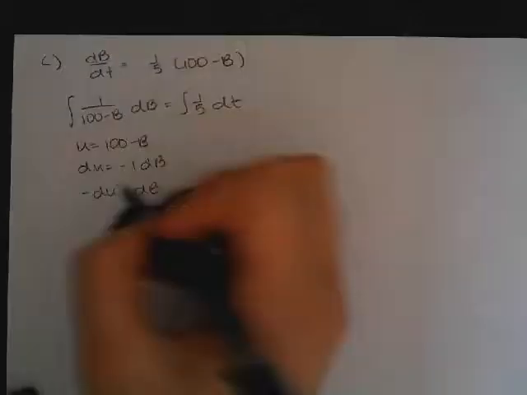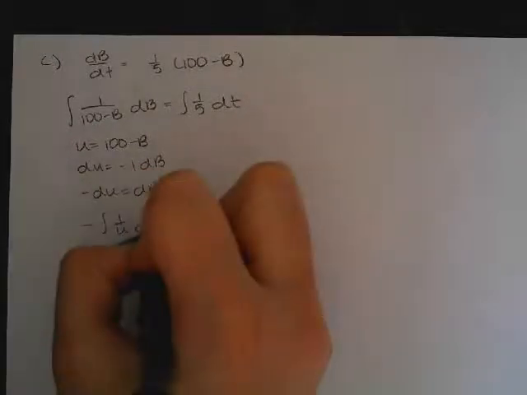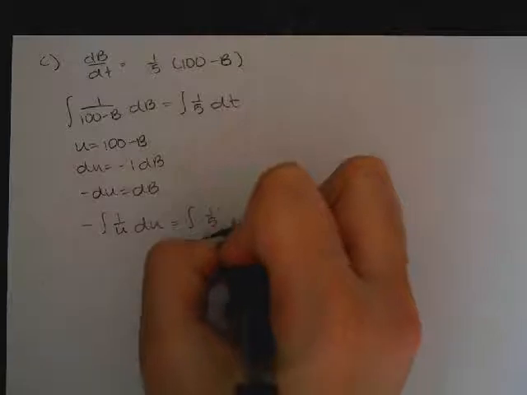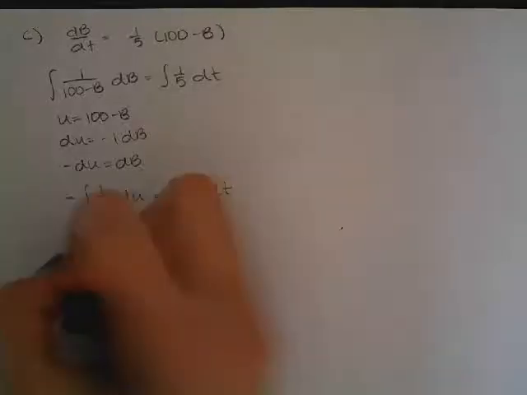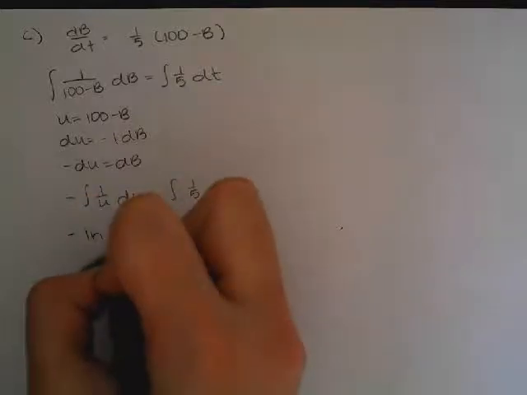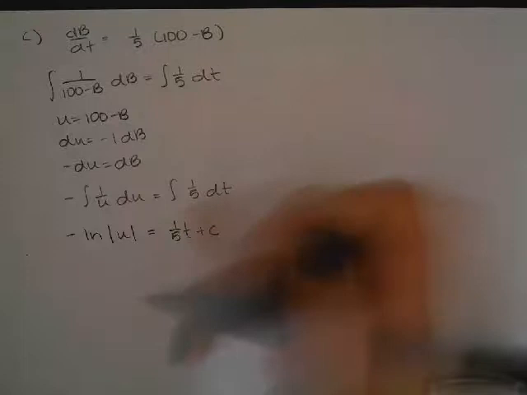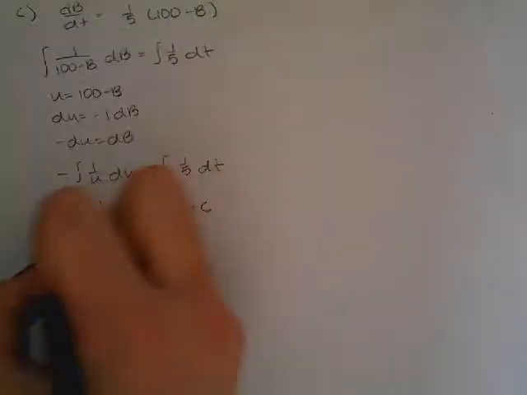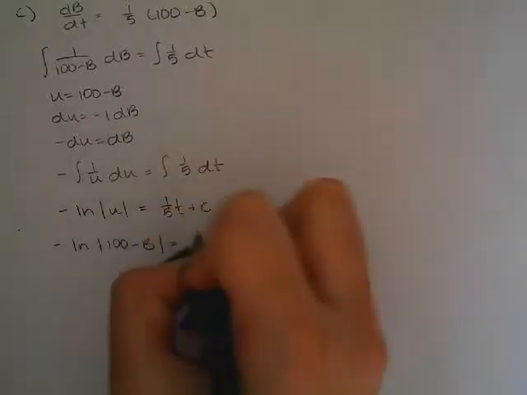So what we end up having is negative 1 over u du. And so we've got negative ln u. So that's negative ln of 100 minus B.